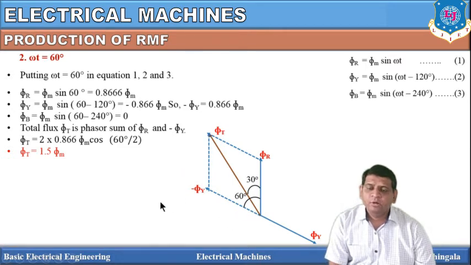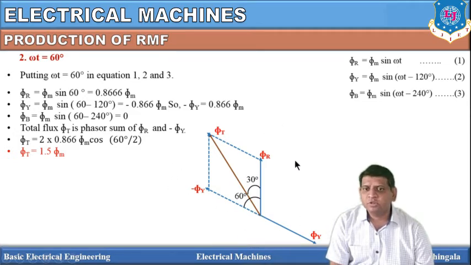So what we are proving is how the magnetic flux rotates in the three-phase induction motor. The magnitude of the flux remains the same, but the position of the vectors, the position of the magnetic field, is continuously rotating.